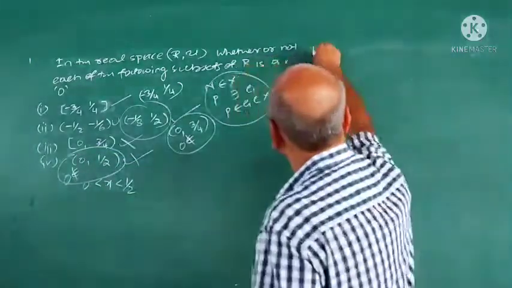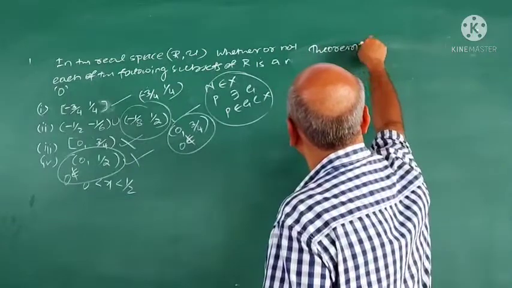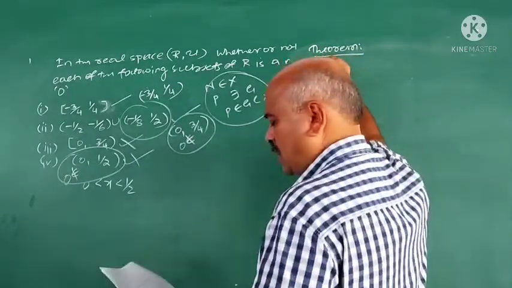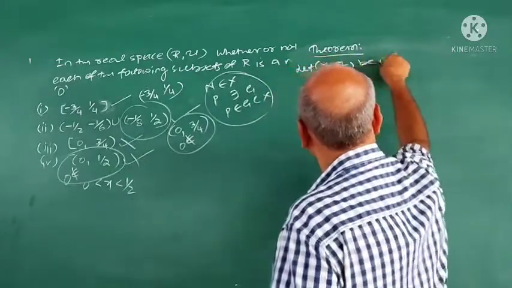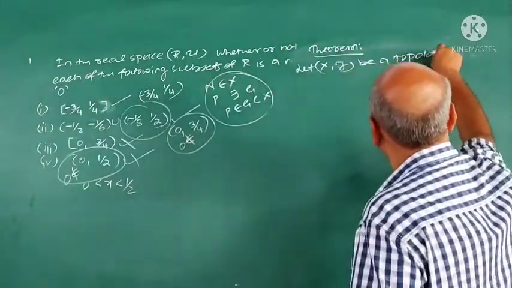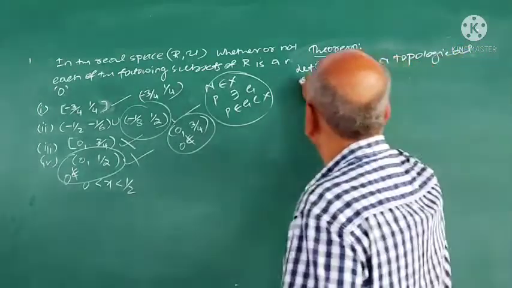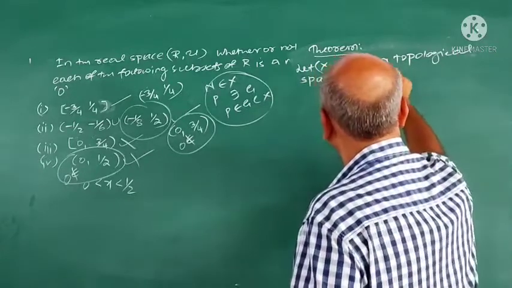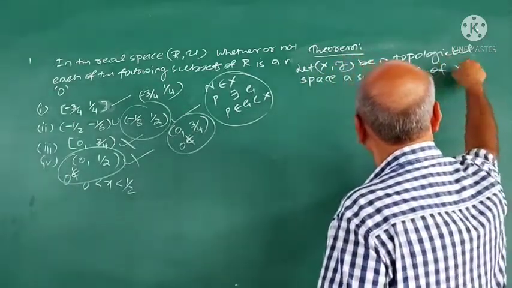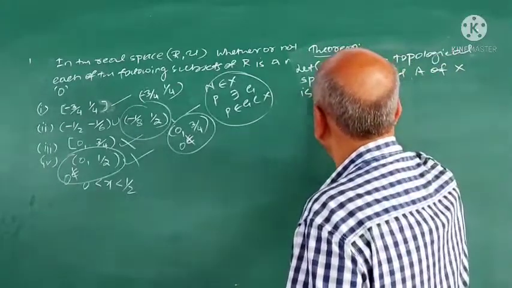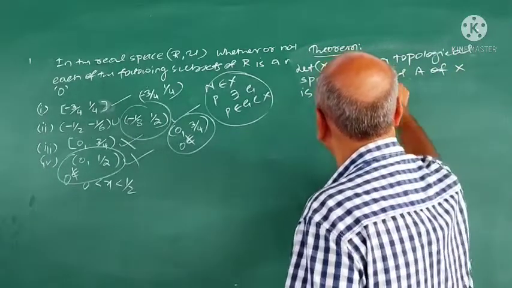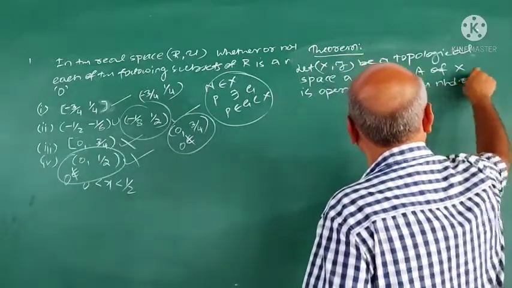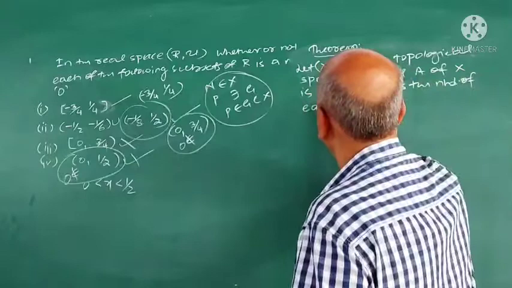Now one important result, we take this as a theorem. Take this statement: let (X, T) be a topological space. A subset A of X is open if and only if it is a neighborhood of each of its points.